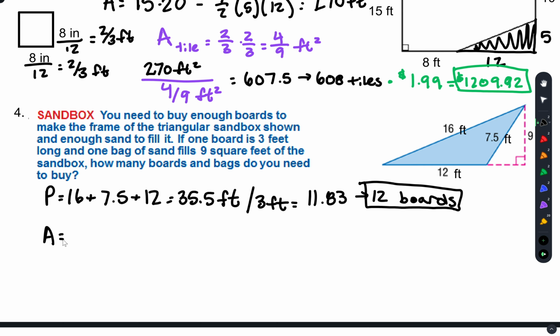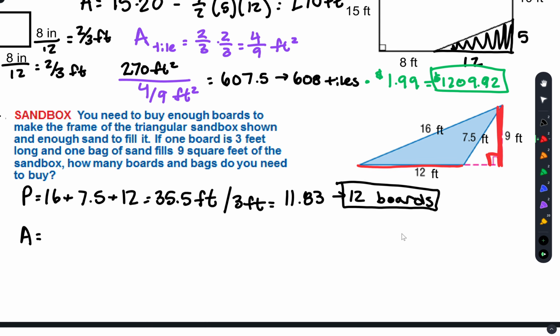We're going to do the same thing for the area. The area of this triangle is 1/2 base times height. My base is 12. The height is 9. Remember, we're looking for whatever is perpendicular to the base. So this is 1/2 times 12 by 9, which gives me 54 square feet.